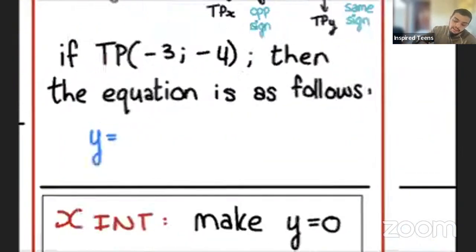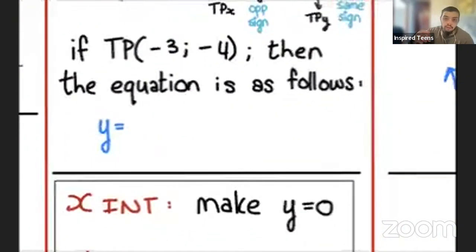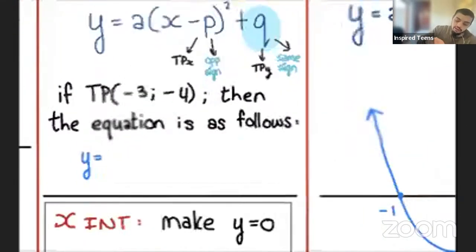Now, let's look at an example. They say if the turning point is -3 and -4, then the equation is as follows. So what would the equation be? I'm just going to write it in terms of a.